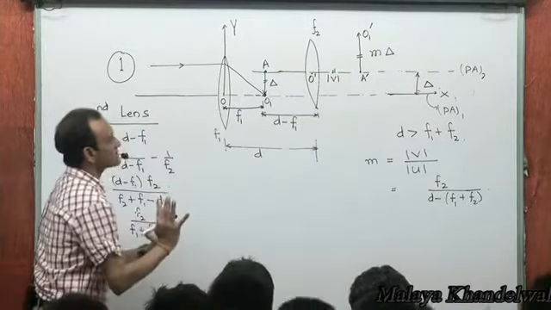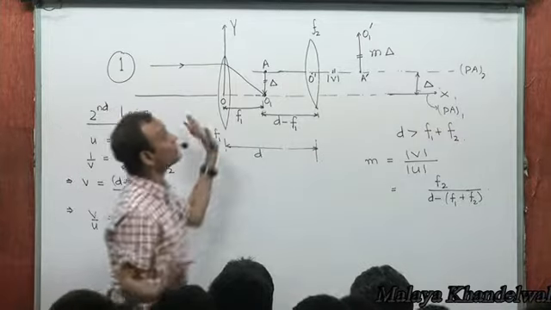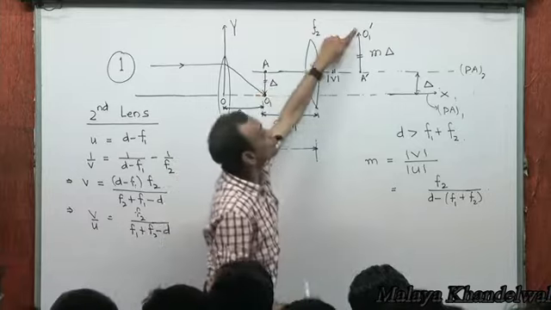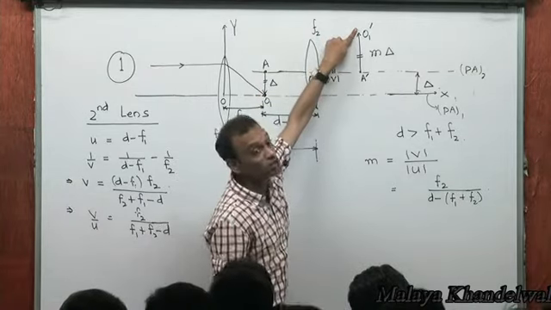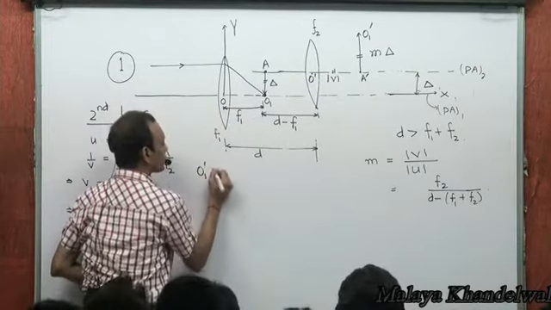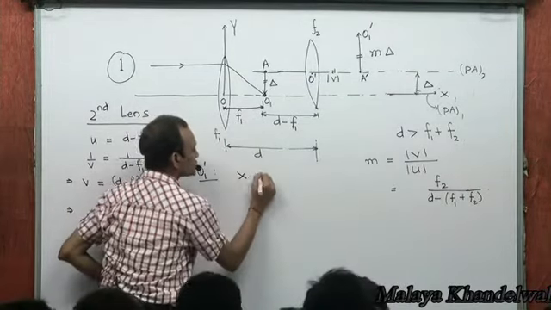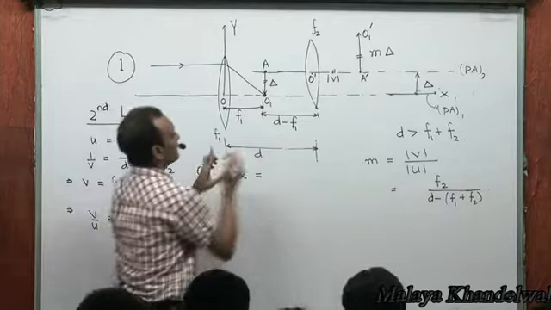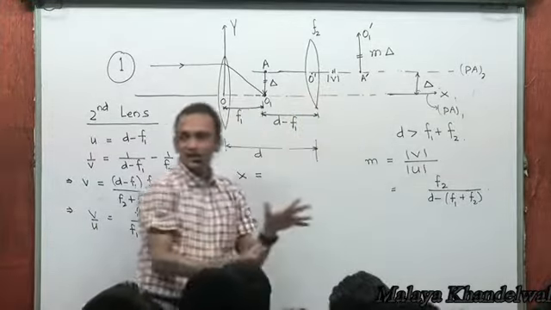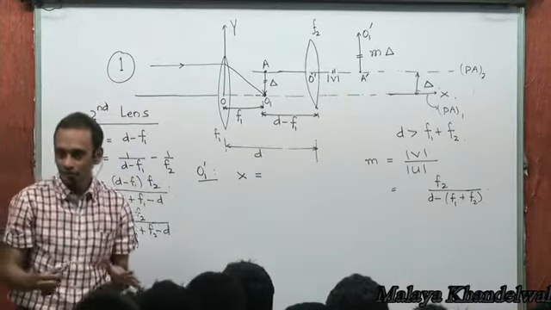So then let's finally write down the coordinates. Eventually, whose image are we seeking? The image of O1. That means O1 prime. We are seeking the coordinates of O1 prime. So for O1 prime, the x coordinate is going to be D plus mod V, yes or no? Right?